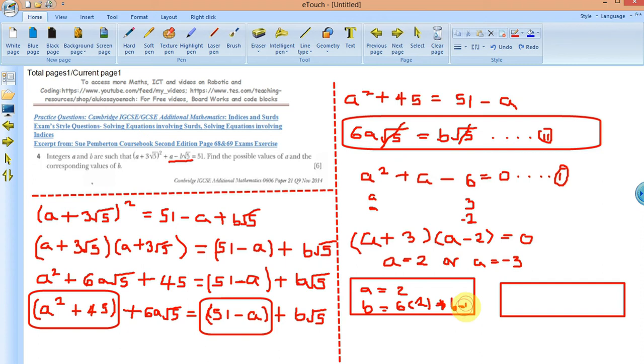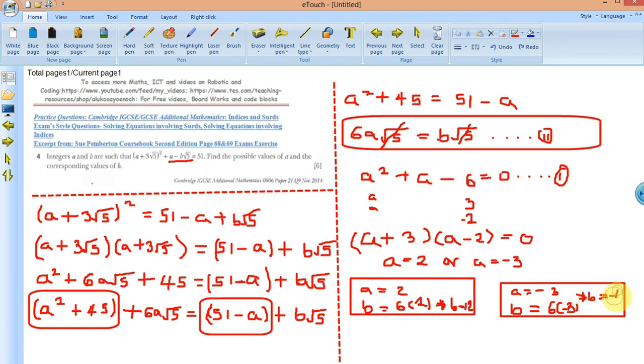Sorry about that. I just need to manage the space around it. Similarly, when a equals minus 3, then b equals 6a. So b equals 6 times minus 3. By implication, b equals minus 18.